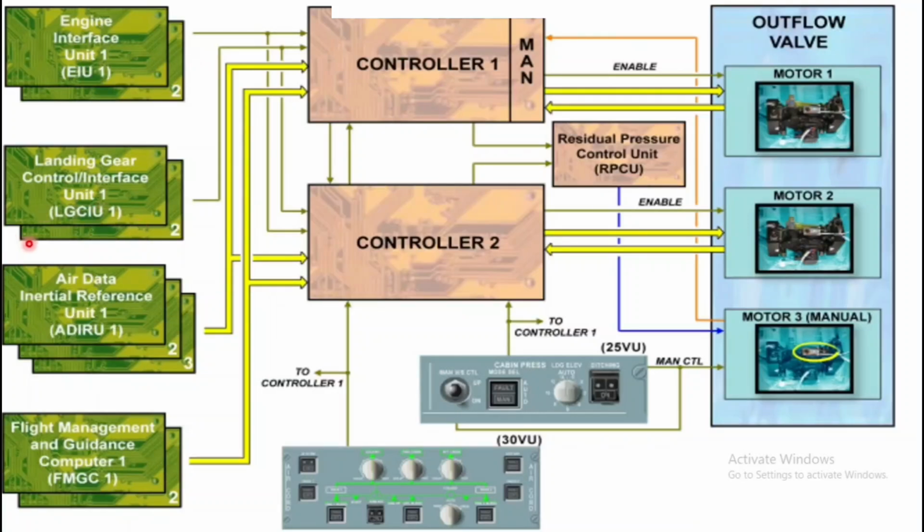If you talk about the landing gear, the LGCIU, landing gear controller interface unit, will send this. What is the purpose of this? In simple language, just keep in mind, this will only give the flight-ground logic signal to both controllers to initiate the pre-pressurization, pressurization and depressurization sequence.